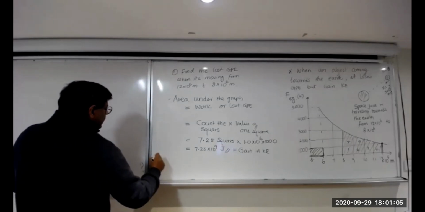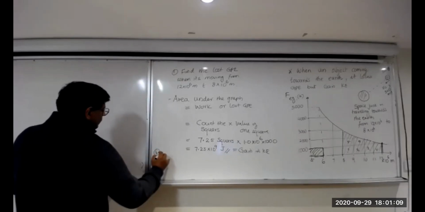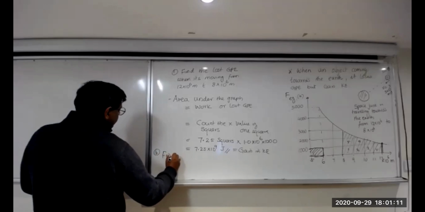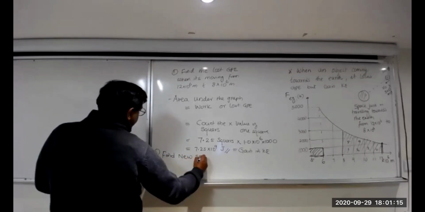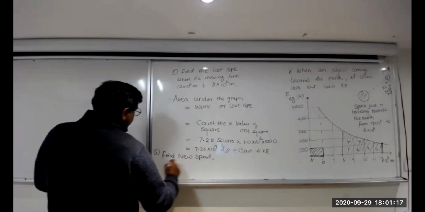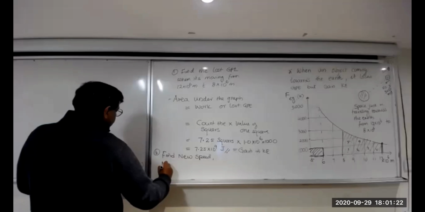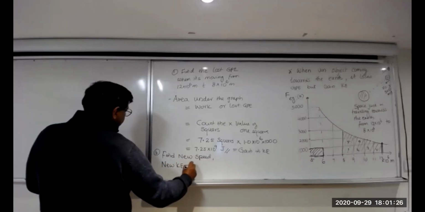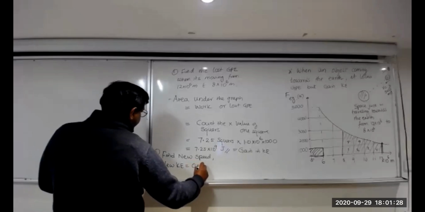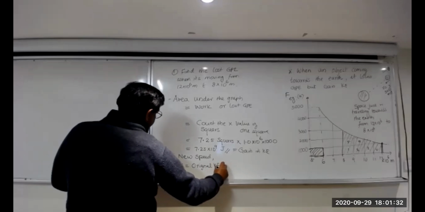So the new kinetic energy is part B. Find the new speed. So the new kinetic energy is the original kinetic energy plus the gain.